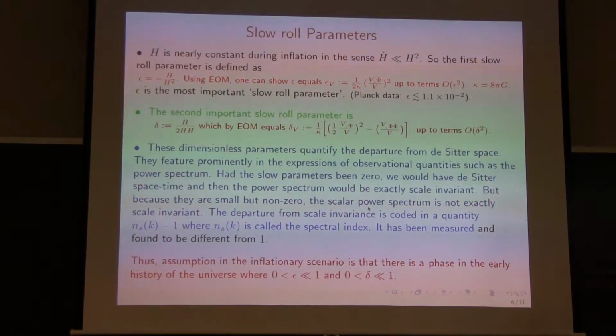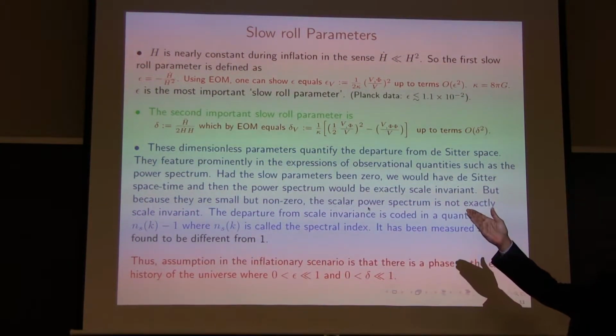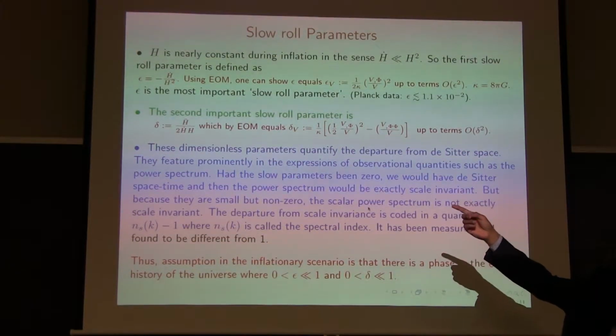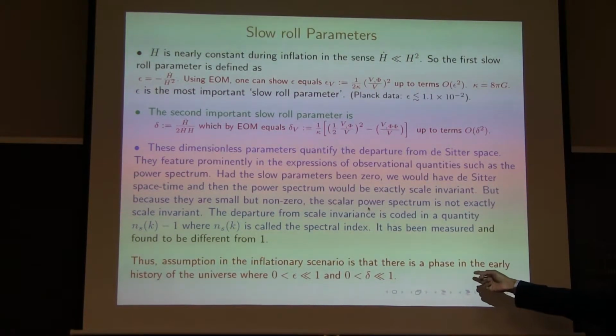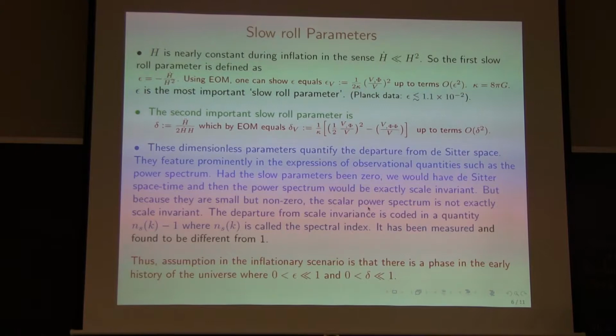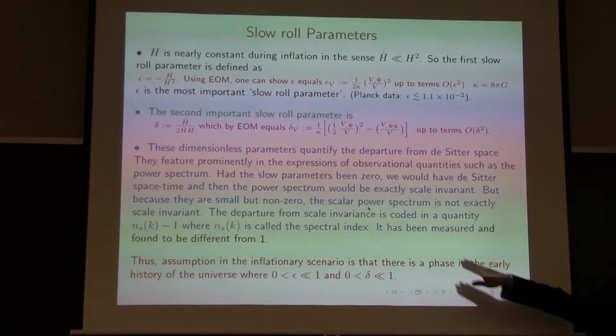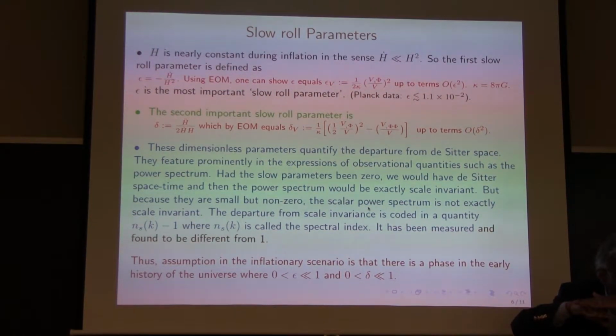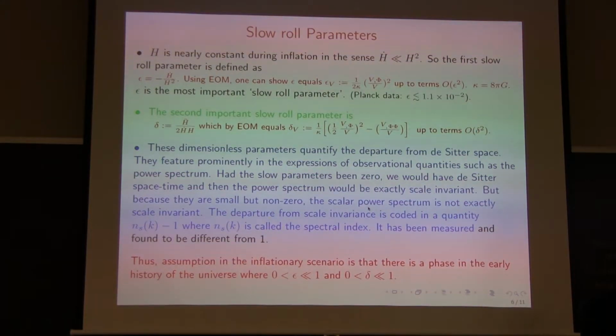But inflation says that as the inflaton rolls down the potential, h dot is negative. Therefore, epsilon is not equal to 0. Therefore, there will be a departure from exact scale invariance. If it was de Sitter, there would be exactly scale invariance, but inflation says that there is going to be a departure. And the Planck mission, for example, has shown that there is a departure from scale invariance.